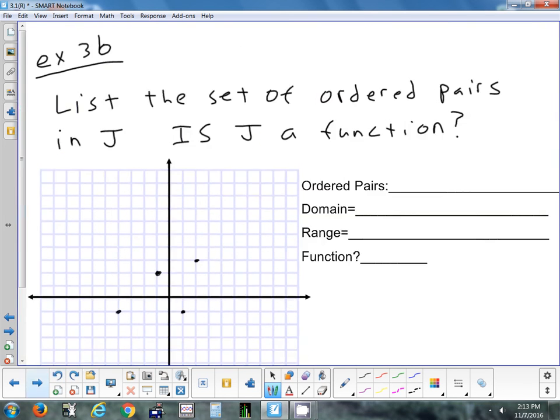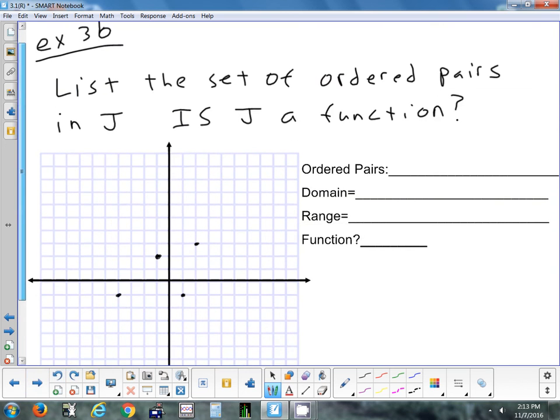All right, let's try 3B. Just so I have labels for these, you guys don't have to put these labels. Just help me when I'm talking about them. Can somebody give me the coordinates for point A?